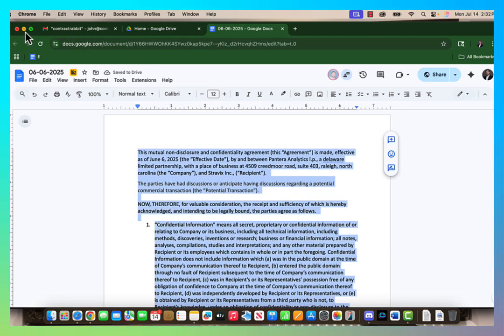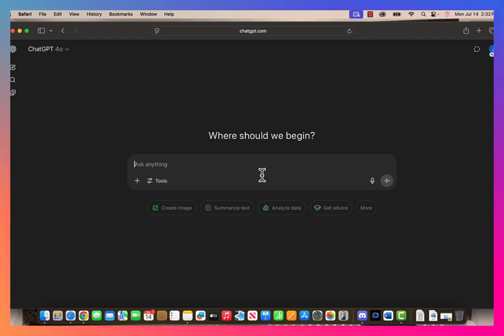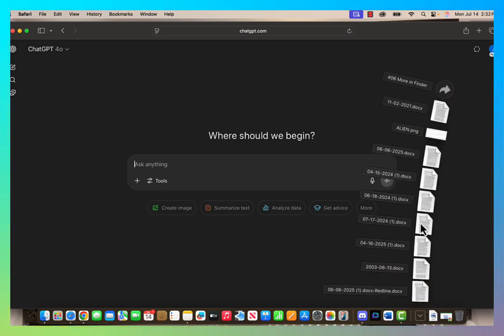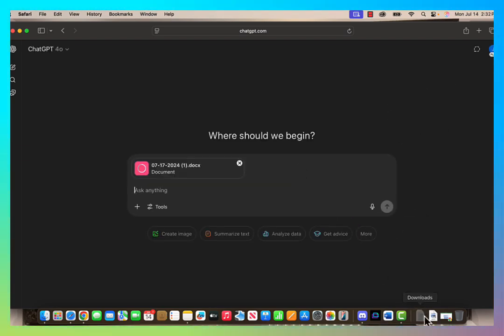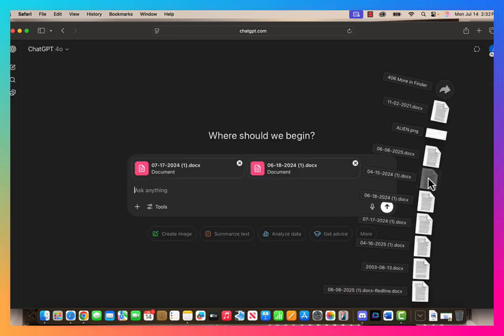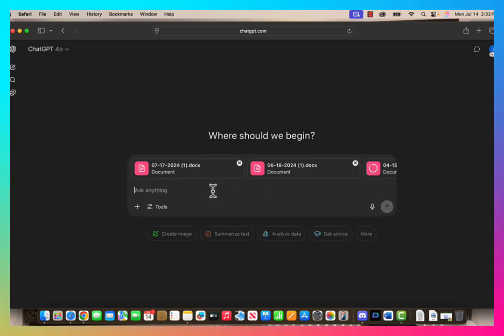Get the NDA. Alright, so now we're just going to attach the precedents that we want ChatGPT to use. These three. And we're going to tell it, revise the following NDA using the attached three documents as good precedent.